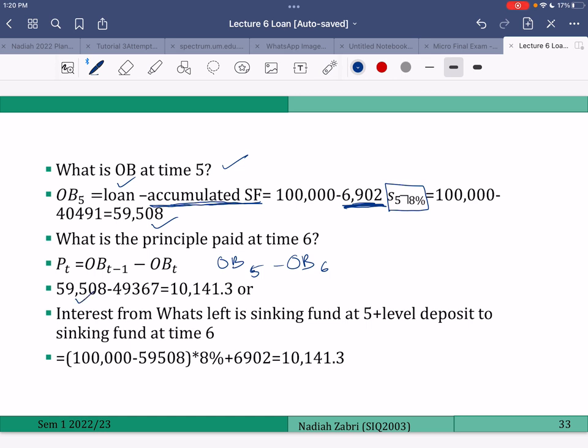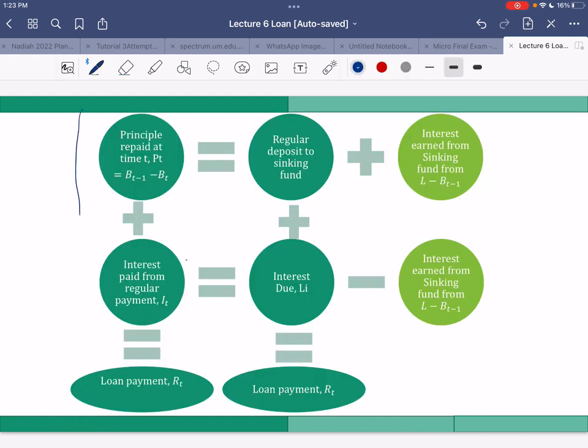You can also find the outstanding balance at time 6 using this method, or you can save yourself from calculating the outstanding balance at time 6 by leveraging this relationship. So we want to find P6, which is equal to the regular deposit to the sinking fund, which is 6,902, plus the interest earned from the sinking fund.